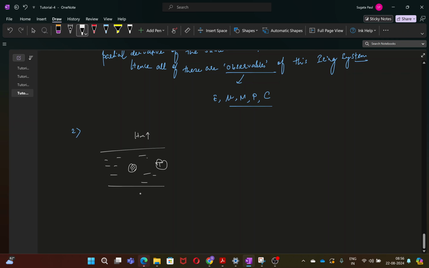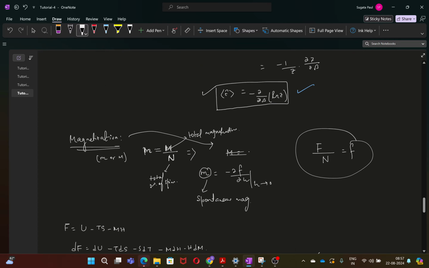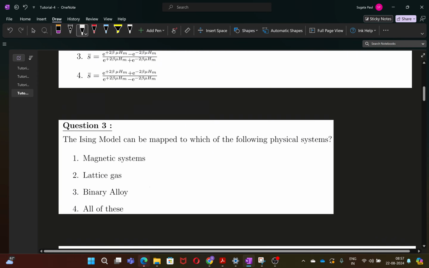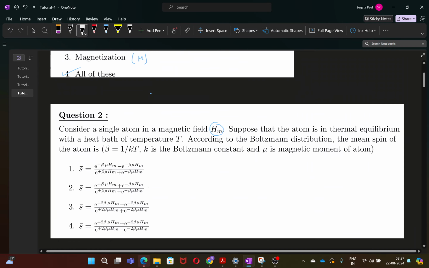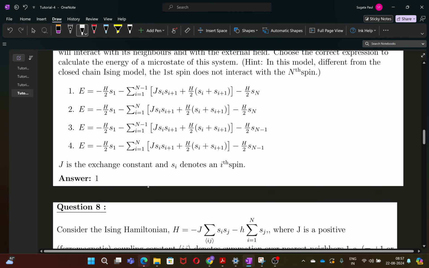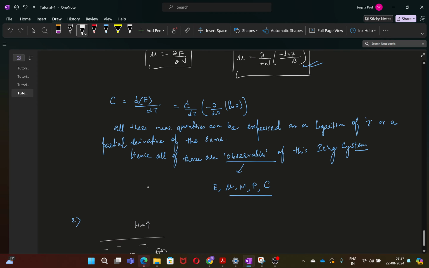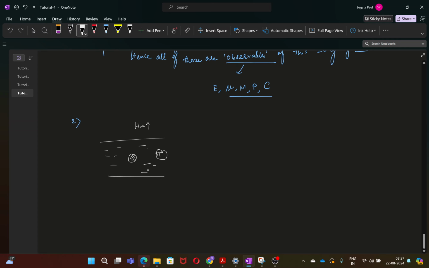So first of all we have to calculate the average spin for this case. So what was the question? We have to calculate the mean spin of the system, or the average spin of the system. To calculate the average spin, it is equal to what?